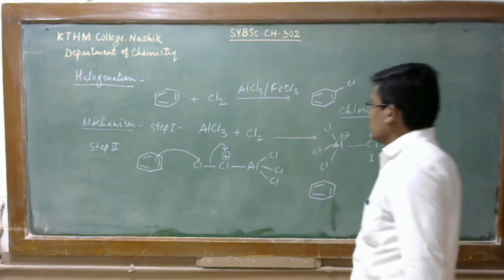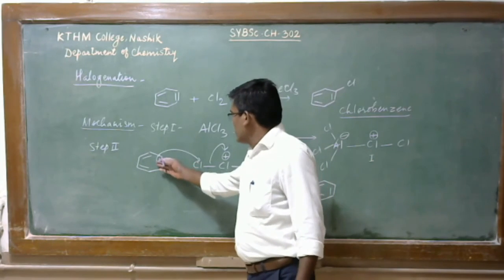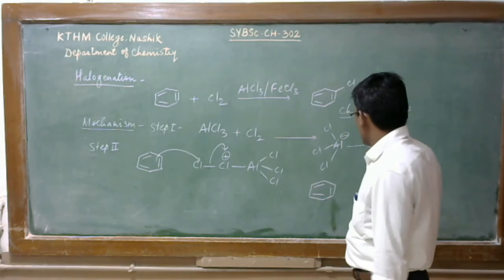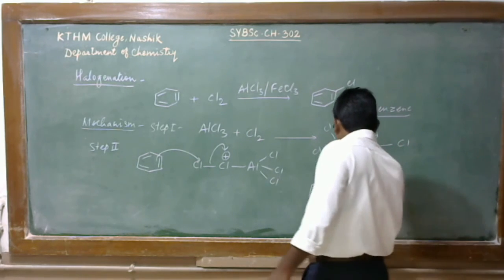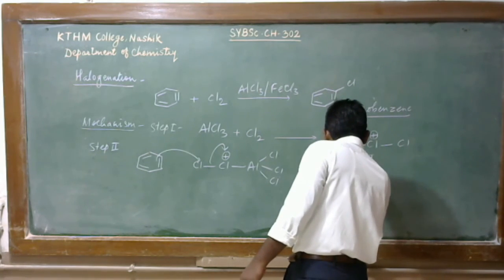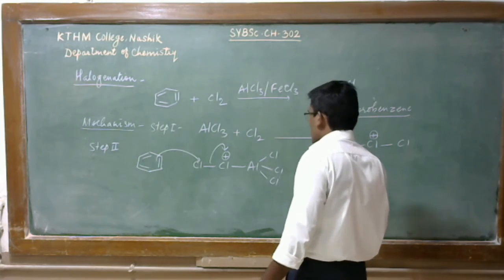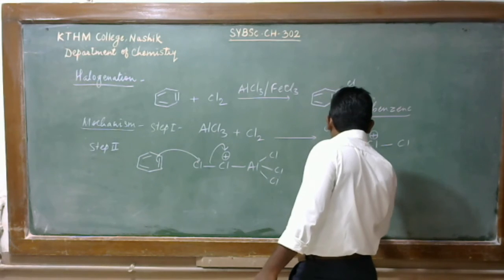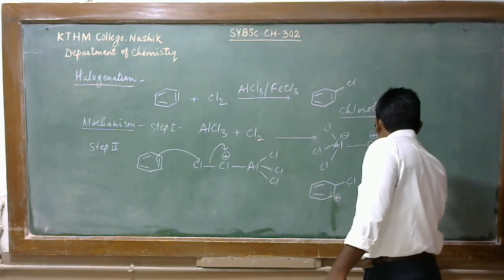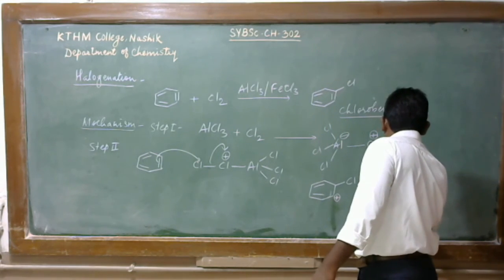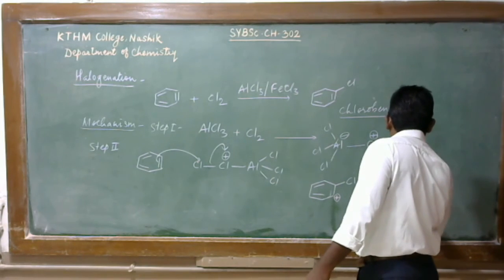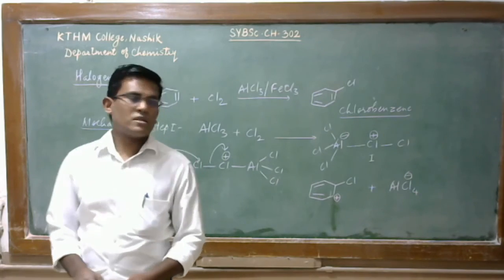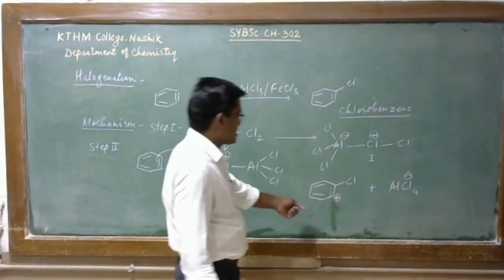So when benzene attacks this chlorine, this bond will open like this, plus we will get this complex.